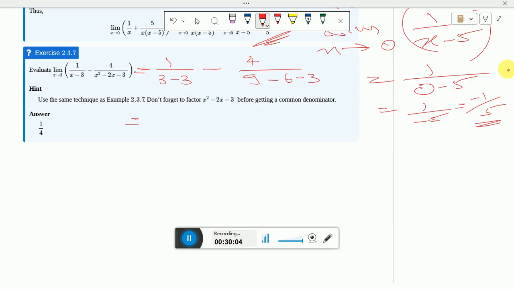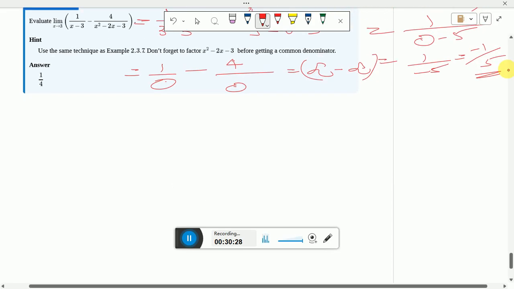So what will happen? 1 over 0 minus 4 over 9 minus 9, 0. 1 over 0 is infinity, and infinity minus 4 over 0 is also infinity. Infinity minus infinity or infinity plus infinity, we cannot provide as an answer. So how can we find the answer for this type of question?